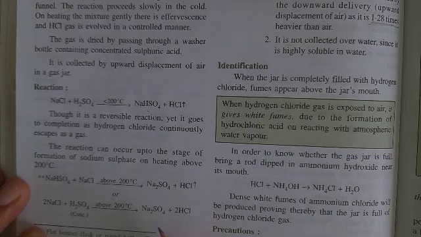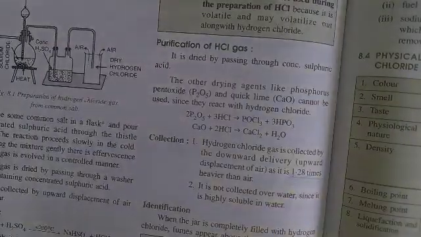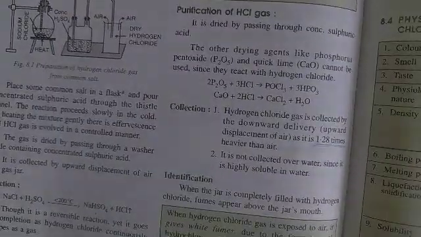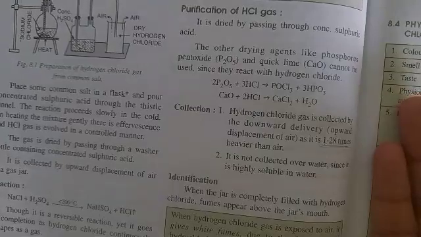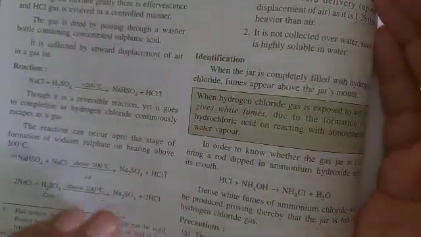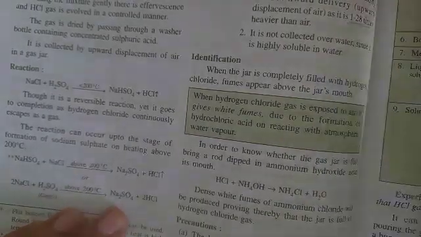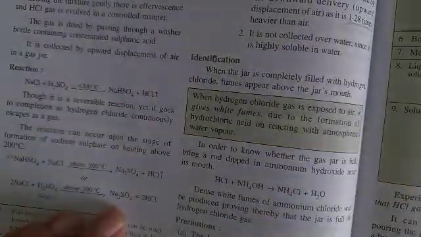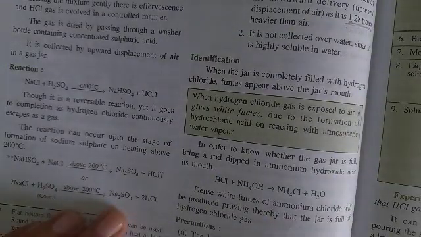We don't go above 200 degrees C, because unnecessarily we are wasting energy, and sodium sulfate forms a hard crust which will stick to glass, and it spoils the glass. Therefore we maintain a temperature of below 200 degrees C.